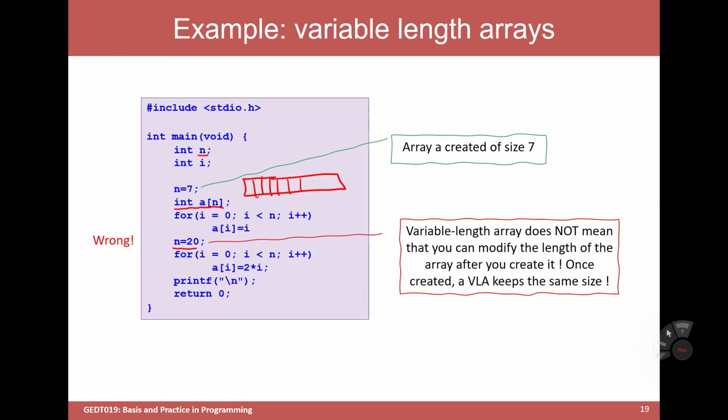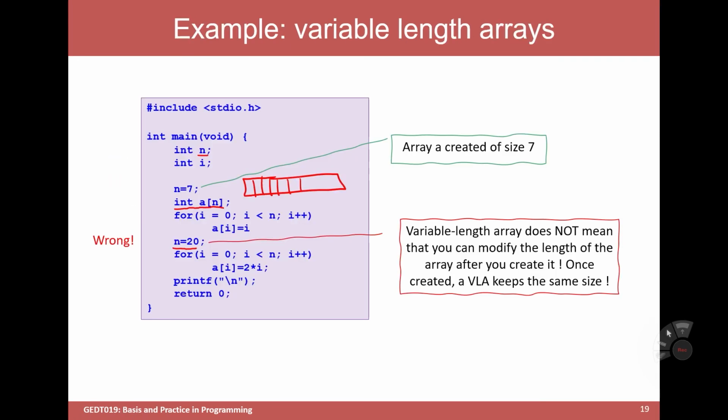When you create the array, it is created only one time. You say the array has 7 elements, it's done. If you created 10 elements, the array is done with 10 elements. If you want to change the array size, you need to restart your software and put in the new size you want. What I want to say is that when you define the array the first time, you cannot change its size after that.